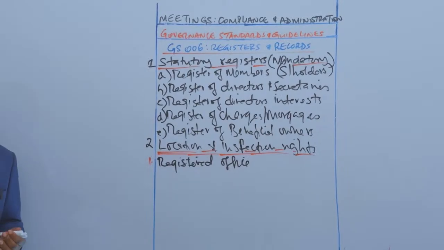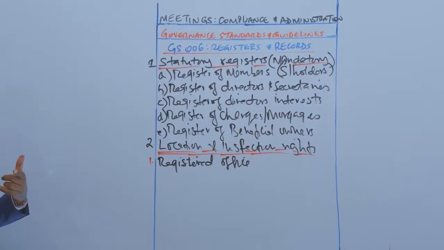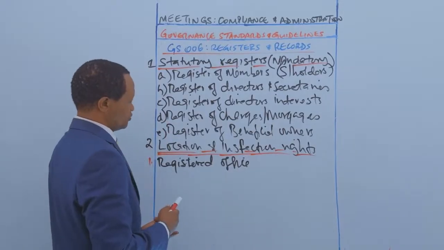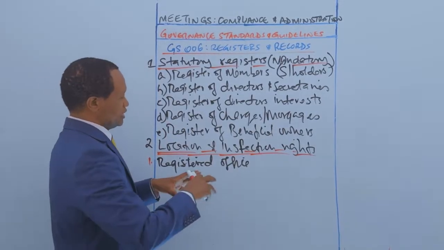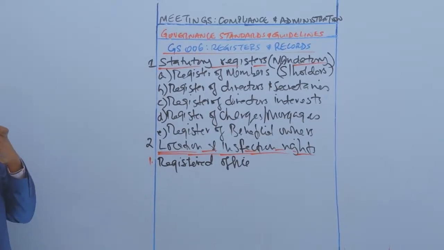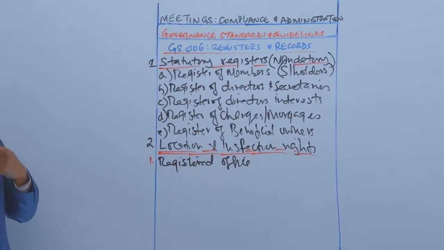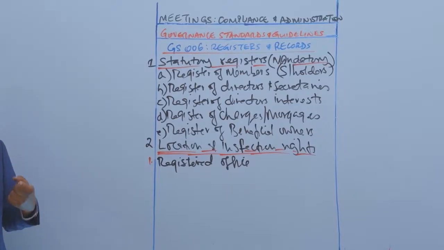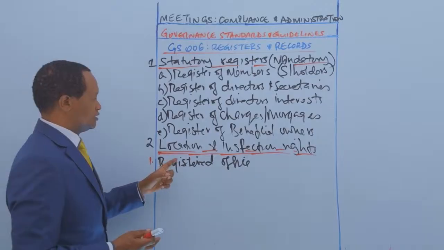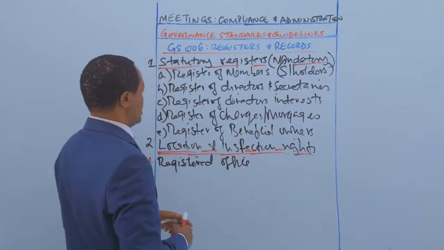Records must typically be kept at the company's registered office or a designated single alternative inspection location. If it is not the registered office, then it has to be the designated single alternative inspection location. So that is where the records are required to be kept.